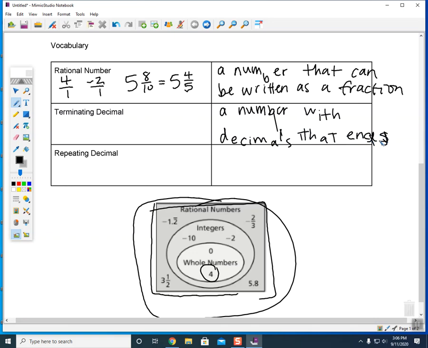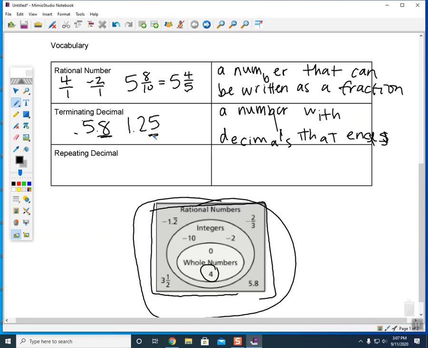Okay, so for example, I have like my 5.8, right? I've got a decimal that ends. This is my terminating decimal. 1 1/4, 1.25. It ends. This is my terminating decimal. So a decimal that ends stops the whole thing.